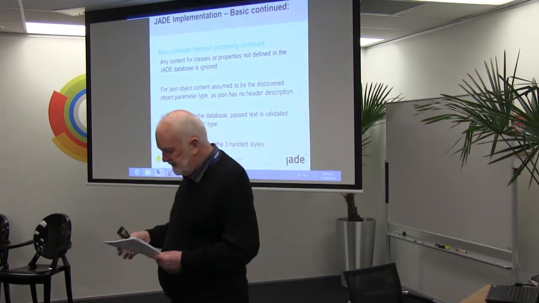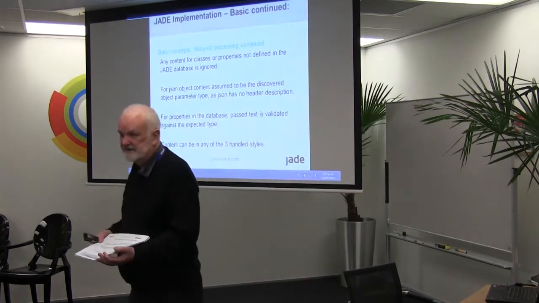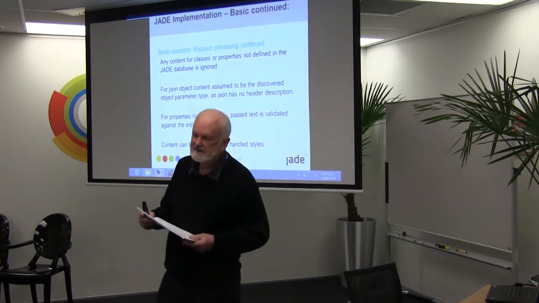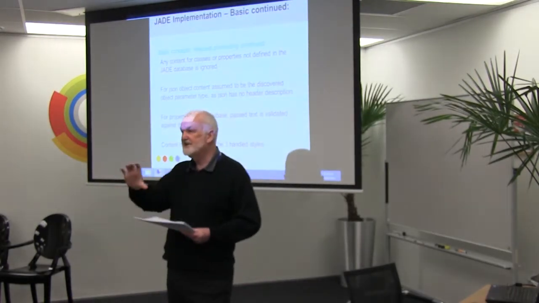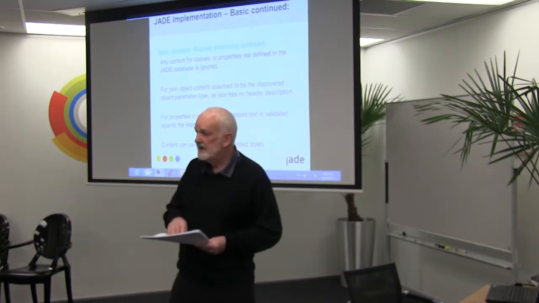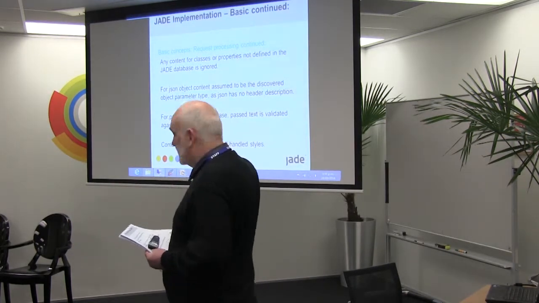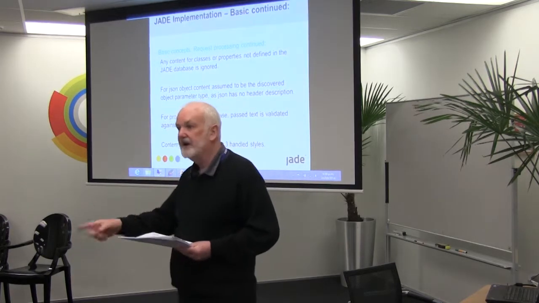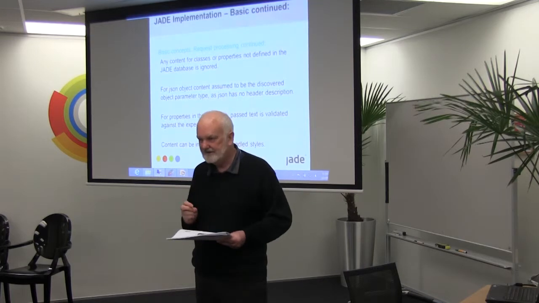The unfortunate part about JSON is that JSON does not have a header to tell you what it is. So you don't know that this JSON represents an employee. What Jade does is use the object parameter that it finds. It says, okay, this is an employee, therefore the JSON must be an employee.